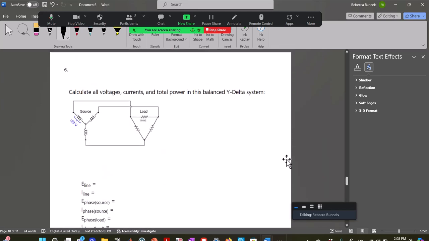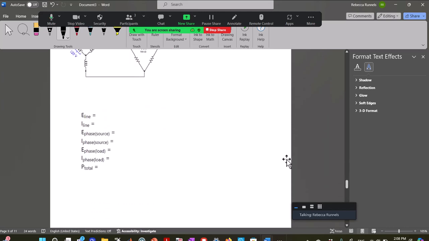Since I did not work these others out that way, I don't want to do it without having my answers, because I want to make sure that I have the right ones. I'm going to skip ahead to the one that I have that is YY, and then I'll make sure that I redo the ones a different way.